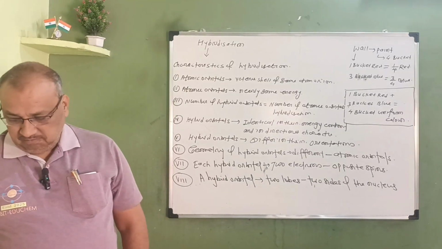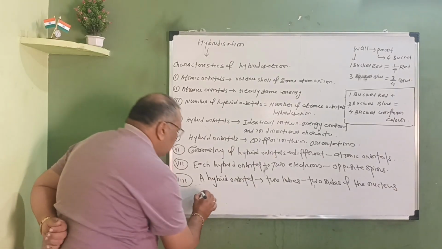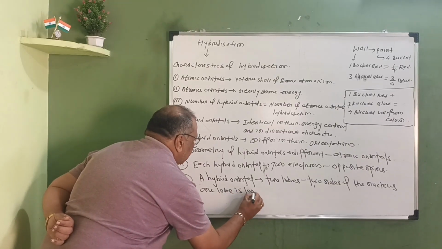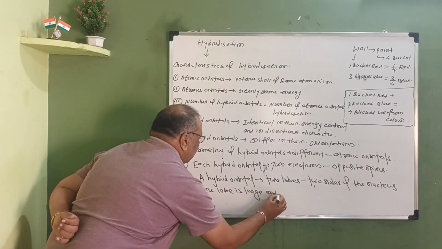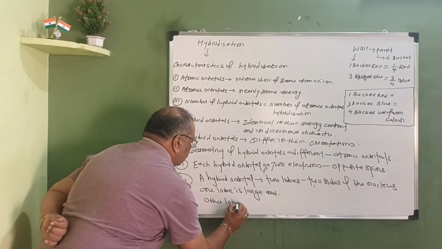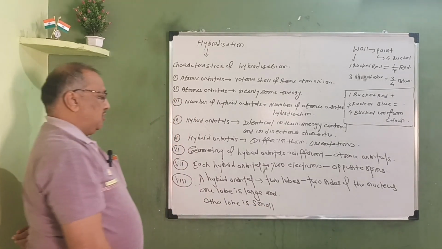Now here one lobe is large and the other lobe is small.